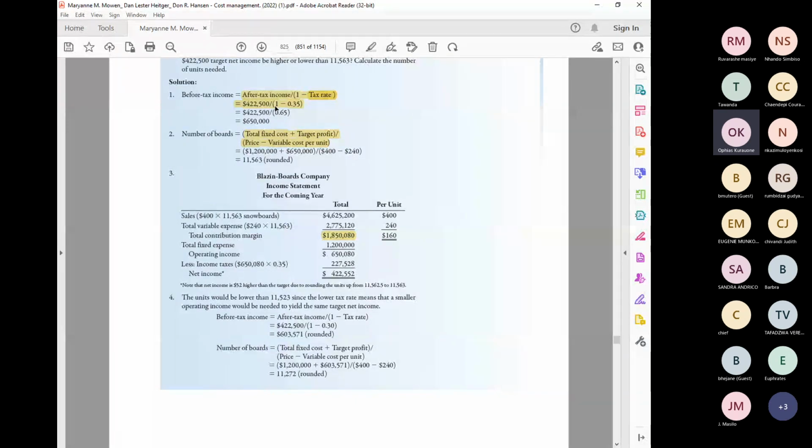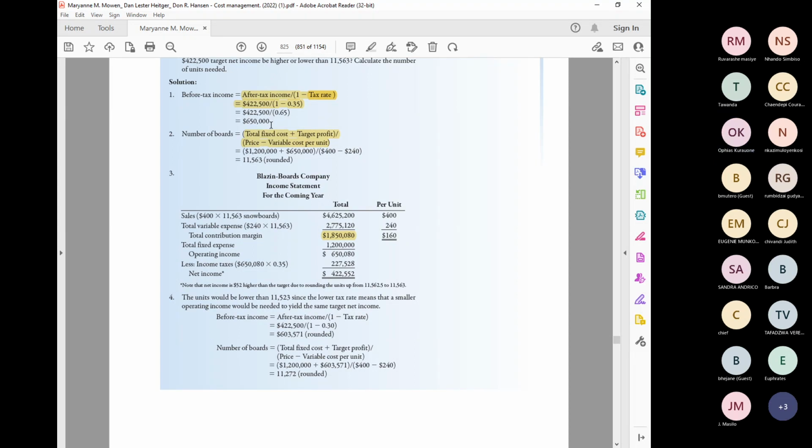Even in your business, if something has been charged tax and you want to return to where you were, you say the value of that item divided by 1 minus the tax charged. The tax here was 35%. The 1 means 100%. 100% minus 35% is 65%, which as a decimal is 0.65. So it's 422,500 divided by 0.65.